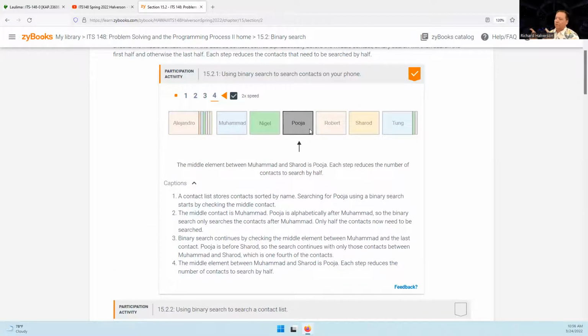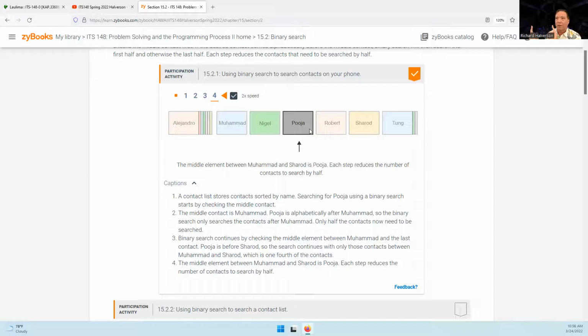As we're searching, we have these indexes that keep track of the bottom of the list and the top of the list that we're looking at. Each time it gets cut in half, and as we're going, let's just get this picture right.